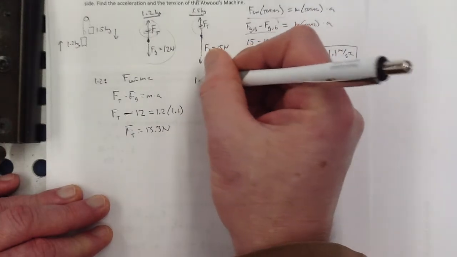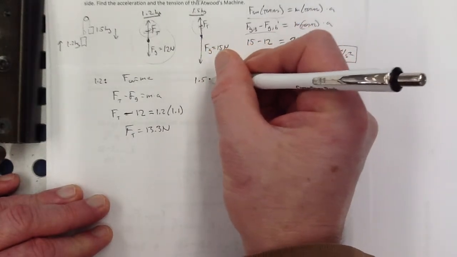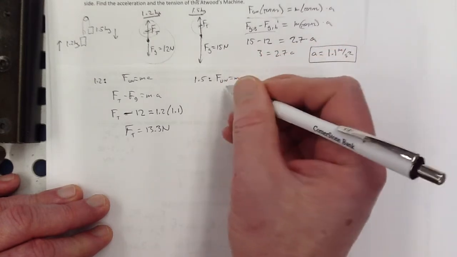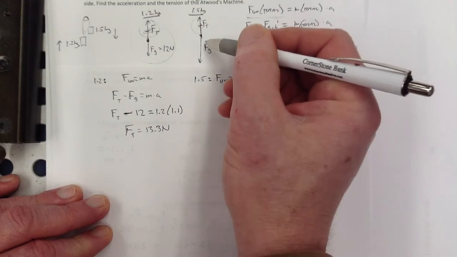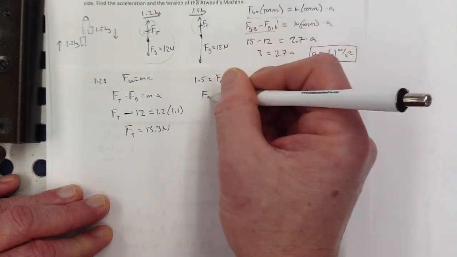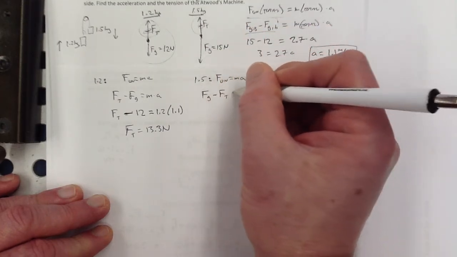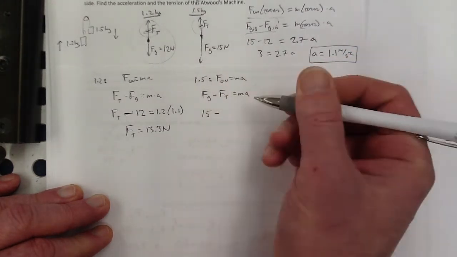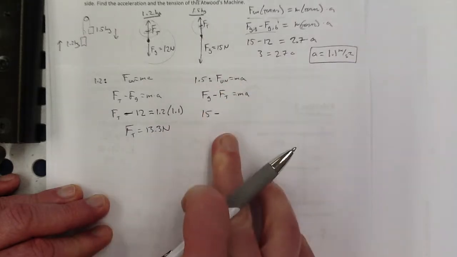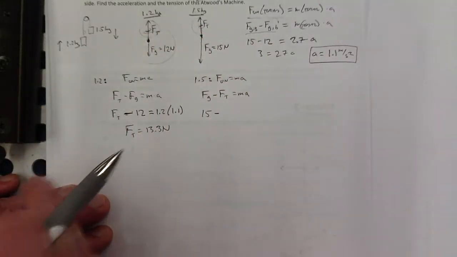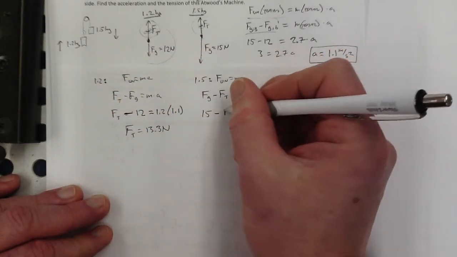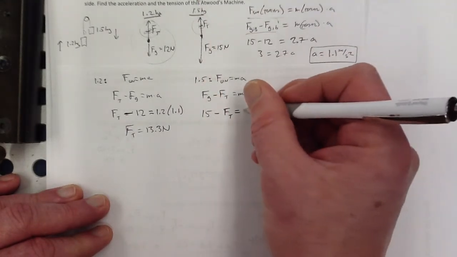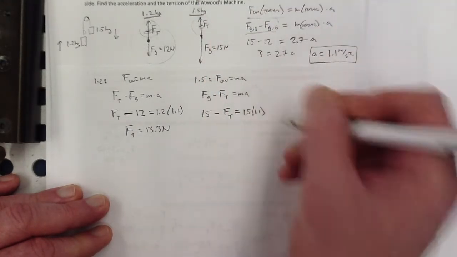Okay, how about the unbalanced force on the bigger block? This one's accelerating down, so gravity's winning. Force of gravity is 15 minus the force of tension. I know it's 13.3, but I'm trying to do it again just to show you that you could have used either one of these. So I'm going to pretend I don't know what it is still. The mass of this block is 1.5 times the acceleration.